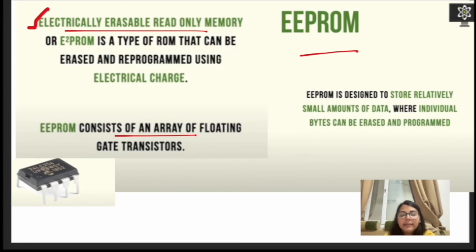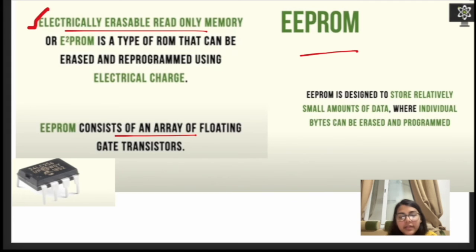EEPROM actually consists of an array of floating gate transistors, and transistors, as you know, react to electric charge. EEPROM is designed to store a relatively small amount of data, where we can erase and program individual bytes of data.